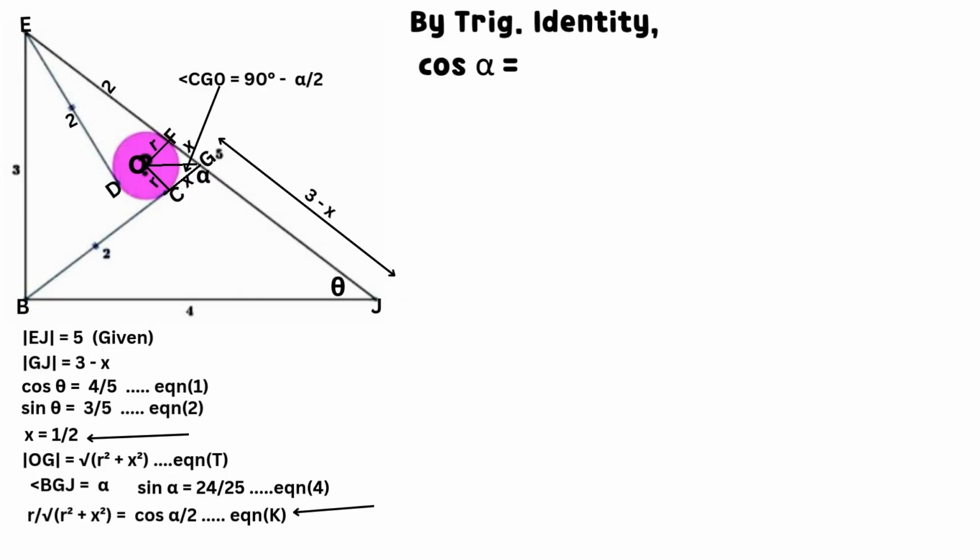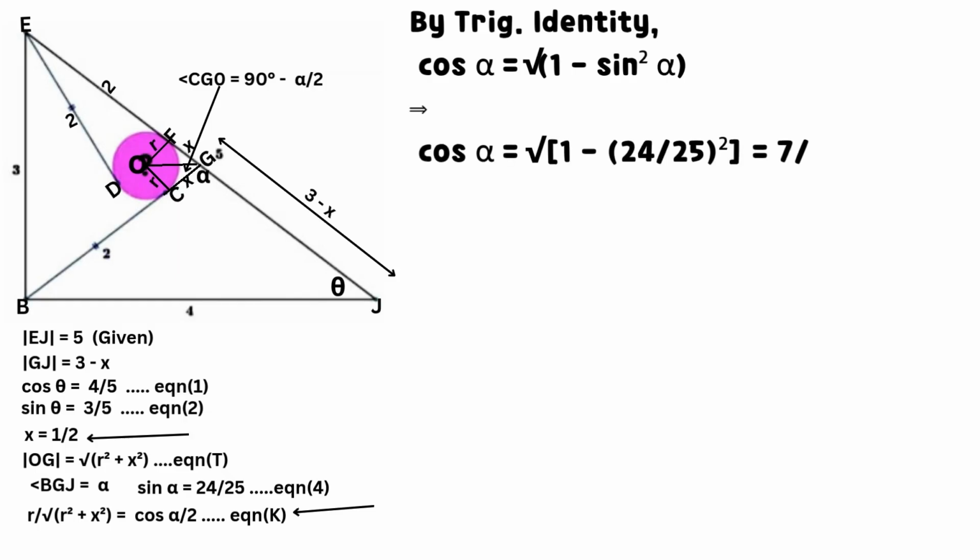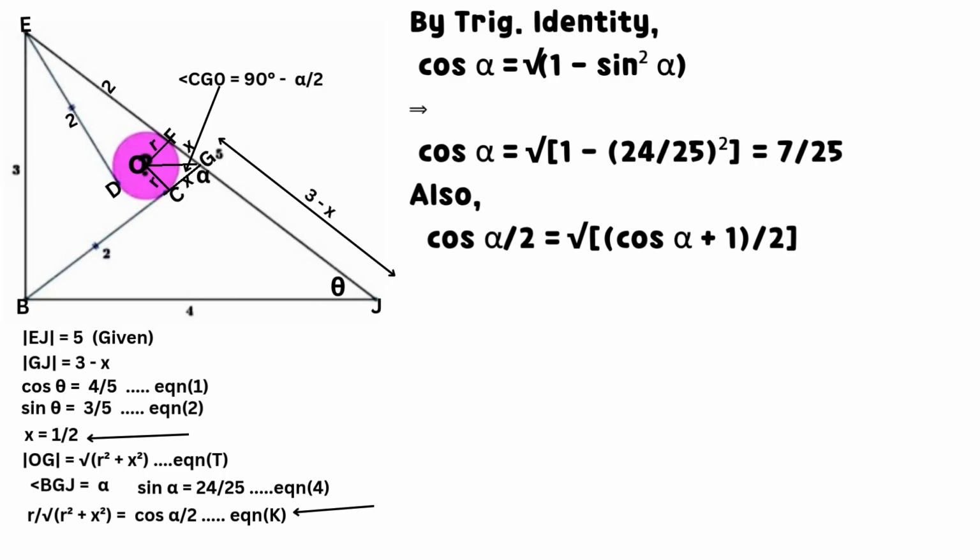By trigonometric identity, cosine alpha equals the square root of 1 minus the square of sine alpha. This implies that cosine alpha equals the square root of 1 minus the square of 24 divided by 25, which equals 7 divided by 25.